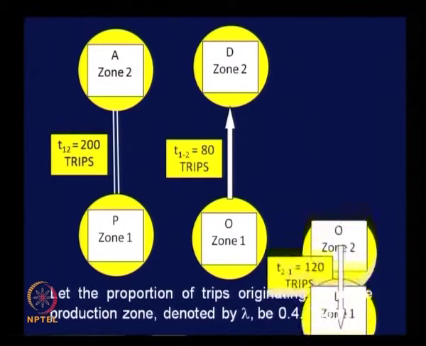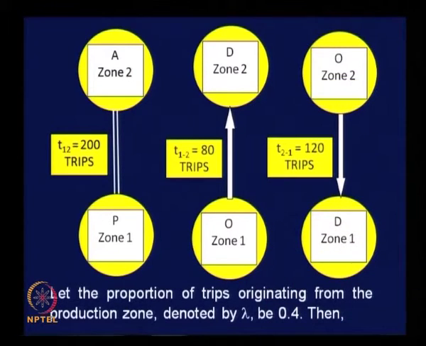and then obviously the number of trips originating from 2 destined to 1 is going to be 1 minus 0.4, that is 0.6 into 200, which is 120 trips originating from 2 and destined to 1. So first we had information about the sum only, 120 plus 80.